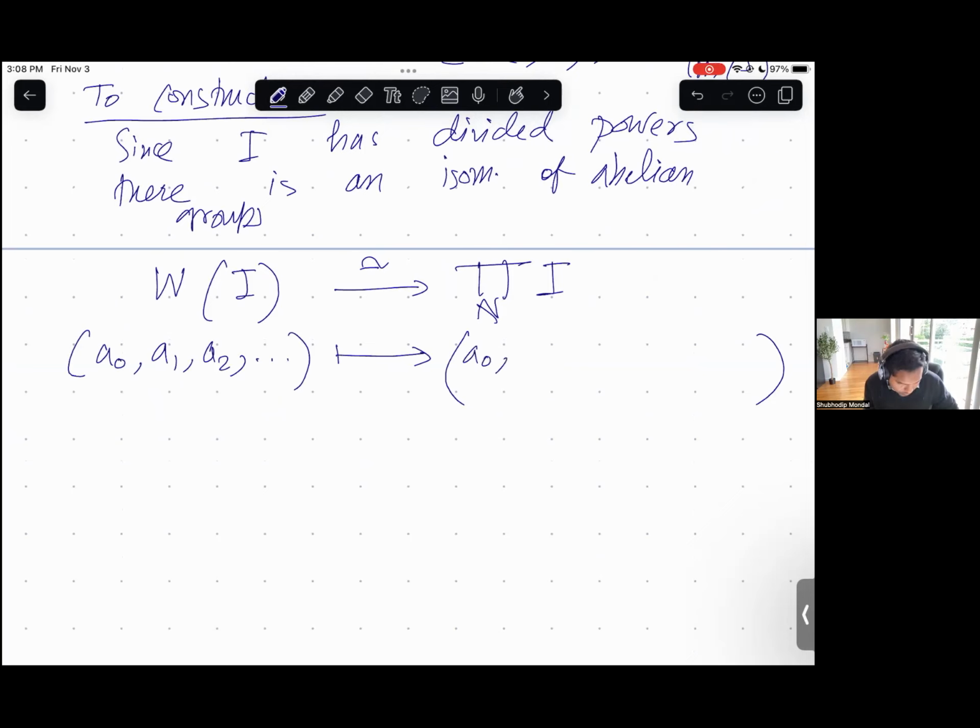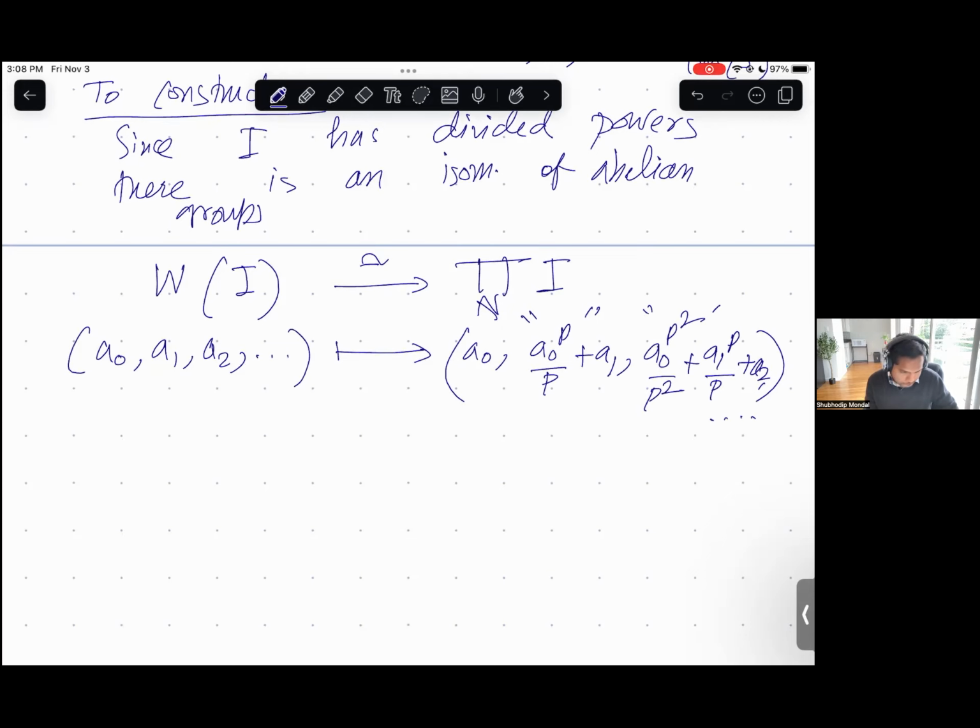So let me write them down explicitly. These expressions under quotes actually make sense because I has divided powers.